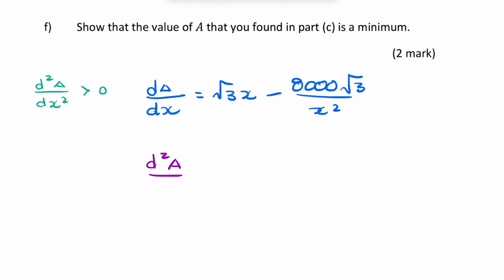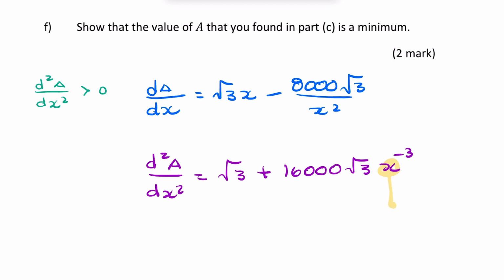d squared A over dx squared is root 3 plus 16000 root 3 x to the minus 3. And all you need to do is substitute 20 in there and show that what you get is positive.